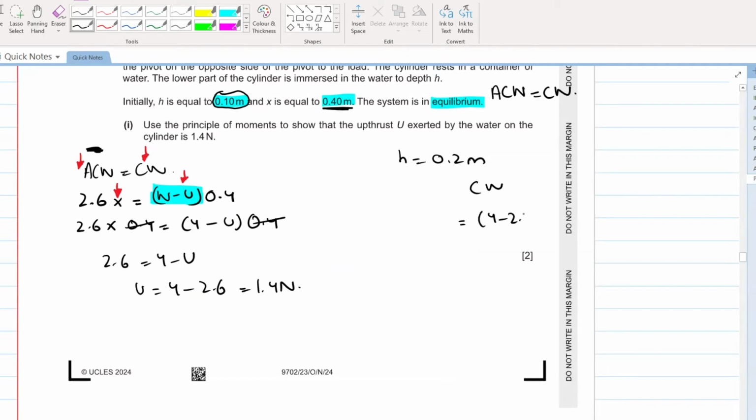Weight, that is 4, minus 2.75, multiplied by 0.4. What will be your anti-clockwise moment? In your anti-clockwise moment, the force will still remain 2.6. X is unknown. What will x come out to be? (4 minus 2.75) into 0.4 divided by 2.6. X comes out to be 0.193. This is your x when h is 0.2.